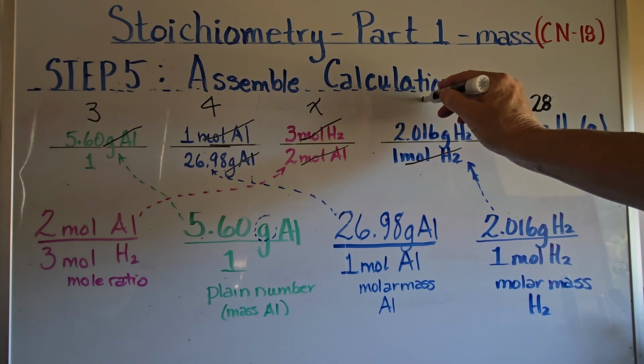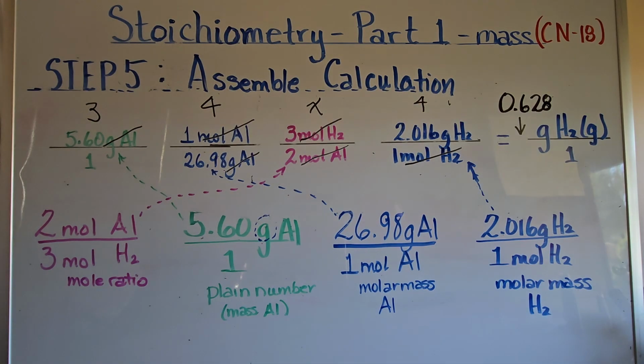And this has 4 significant figures. So I have to round to the lowest number of significant figures, which is 3. After I've done my calculation and rounded appropriately, I get 0.628 grams of hydrogen. So I have done my first stoichiometry calculation and rounded appropriately.